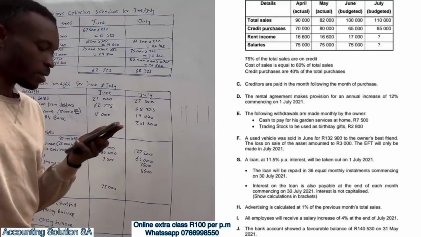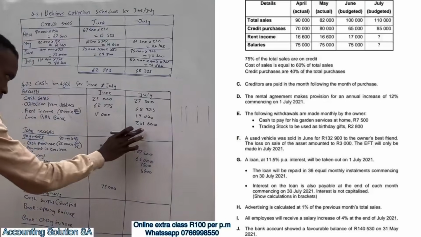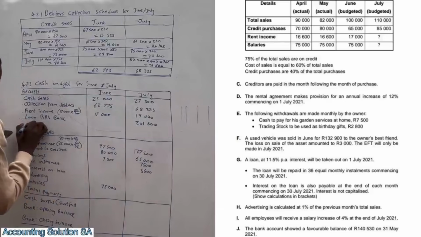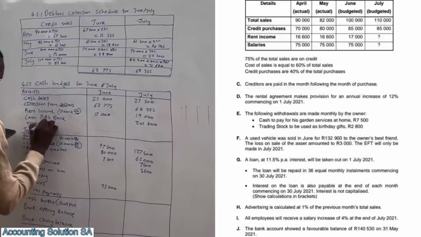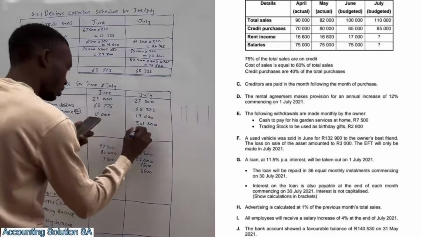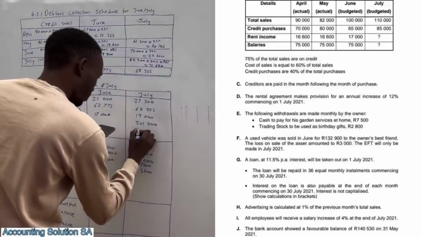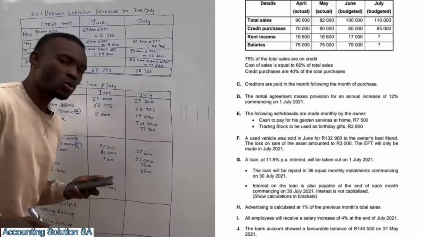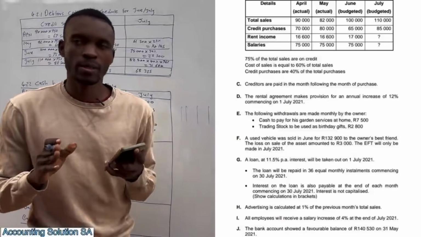EFT will only be made in July. It's going to be received in July. We sold what? Vehicle. Asset sold. We receive, because when we sell, we receive cash. We receive an amount of how much? 132,900. The loss is not recorded, guys.